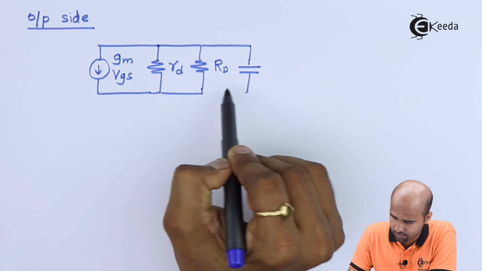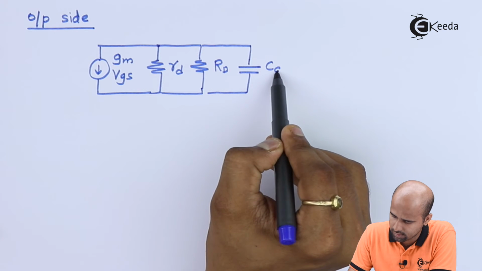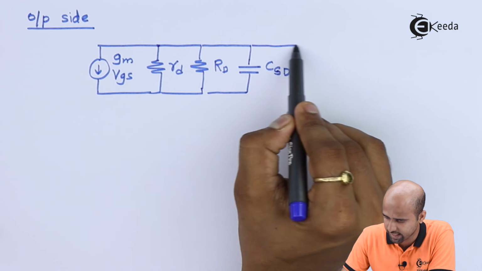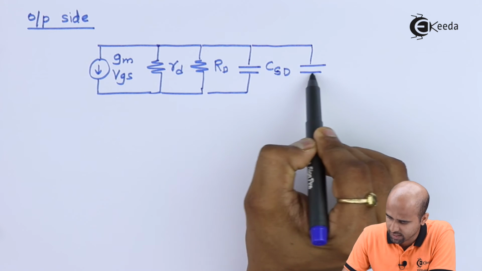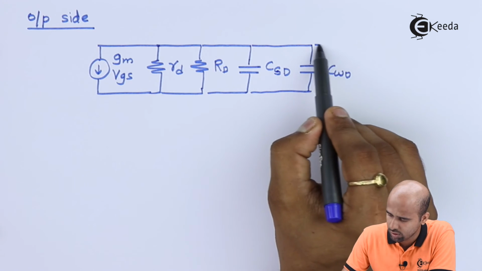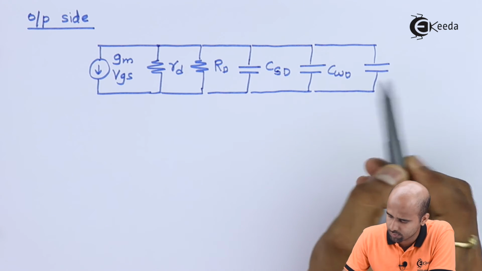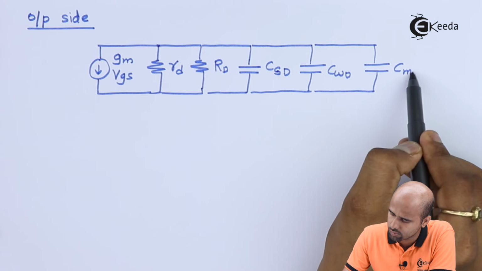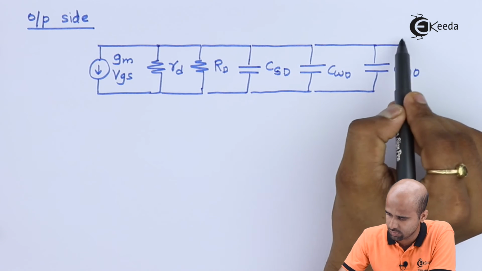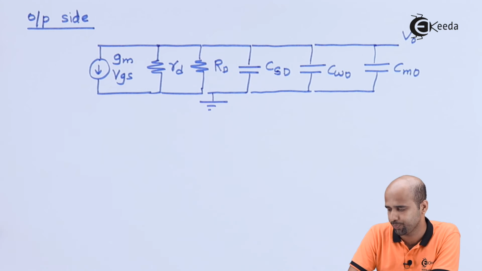Capacitor CSD or CDS, you can say, in both ways it is correct. Wiring capacitor at the output side, that is CWO, and Miller's output capacitance. This is how your circuit is. VO is connected with ground.